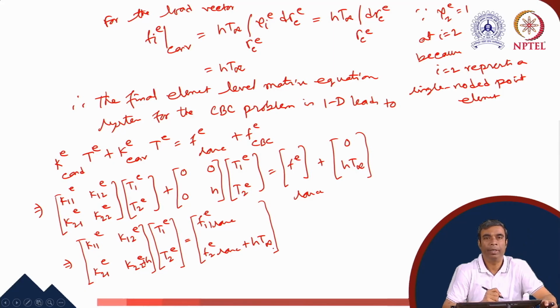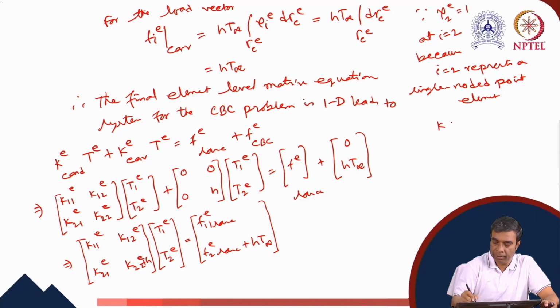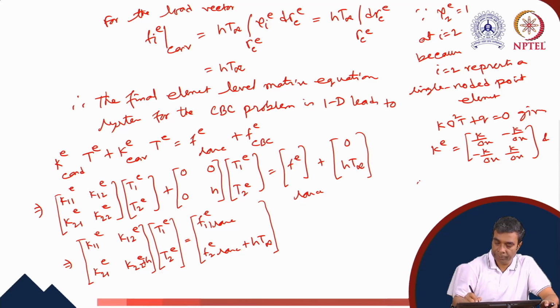Now, in the previous weeks, we have shown that if our governing equation is K del square T plus Q equals 0, it gives Ke equals K by delta x, minus K by delta x, minus K by delta x, K by delta x, and Fe source equals Q delta x by 2, Q delta x by 2.